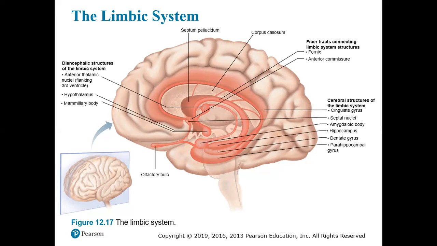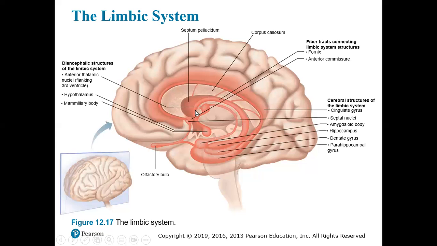So in this picture, we get to see our sagittal section of the brain with our corpus callosum. Noted here, that's a very easy thing to see. But here, surrounding it, is the cingulate gyrus that we mentioned. So it's right in here. Here is the mammillary body, the hypothalamus.